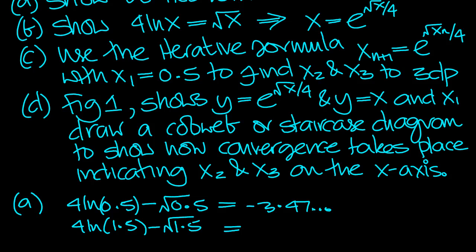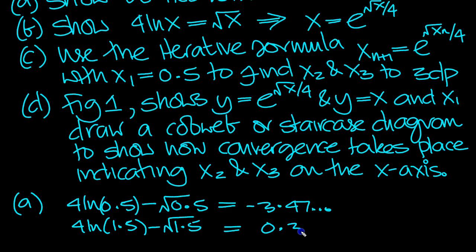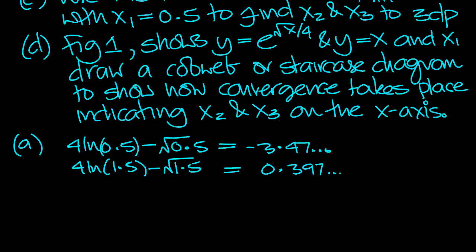Now let's try 1.5. So let's go back and change the 0.5 to 1.5 here and here. And this should now be positive. 0.397, which is positive. Change of sign.